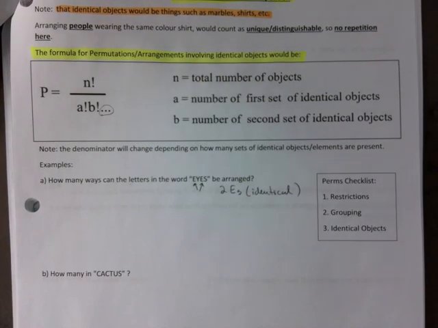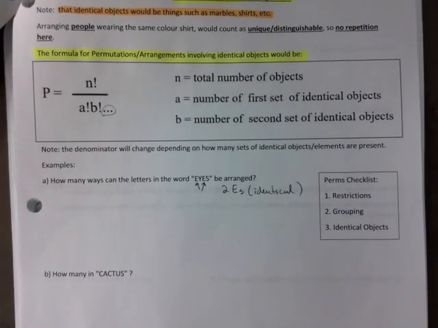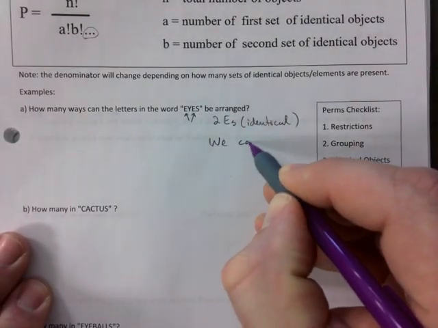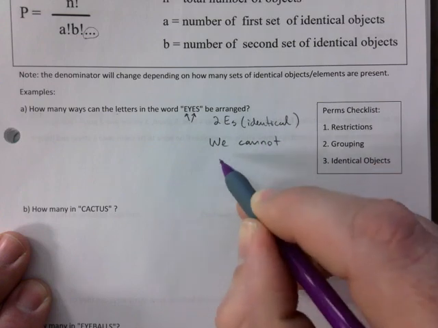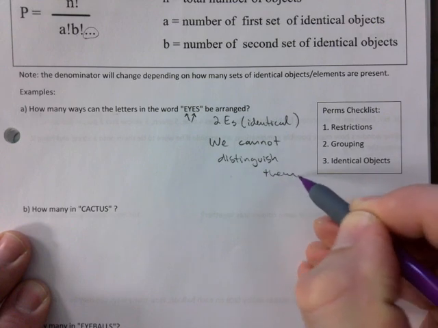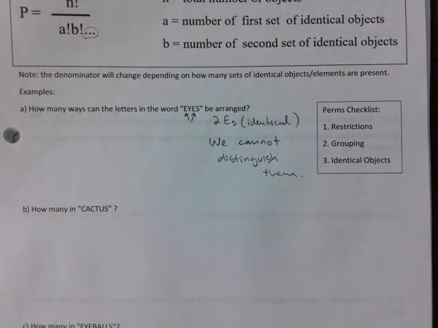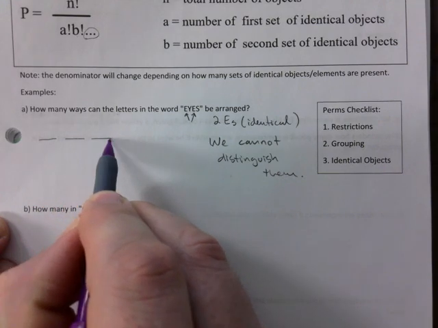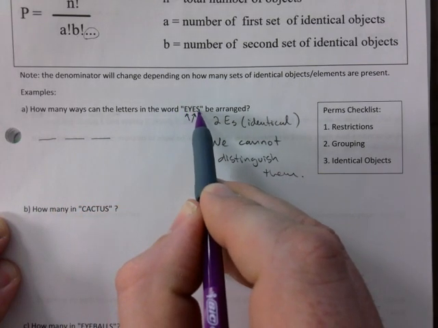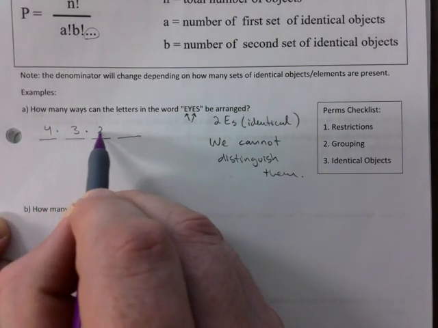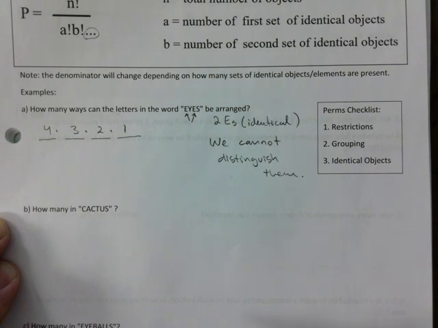We cannot distinguish between them. There's no identifying aspects where one E is different than the other. Okay? So you would say 1, 2, 3, 4 letters.